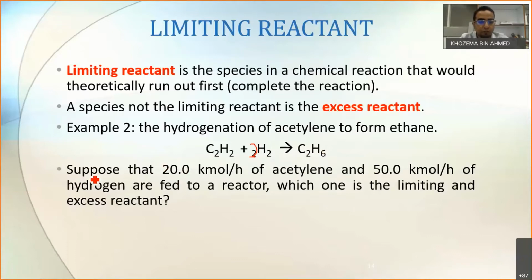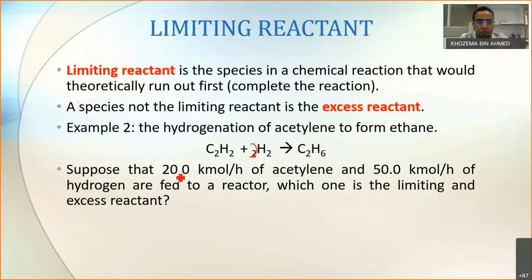Now suppose that 20 kilomole per hour of acetylene and 50 kilomole per hour of hydrogen are fed to a reactor. Which one is the limiting and which one is the excess reactant?